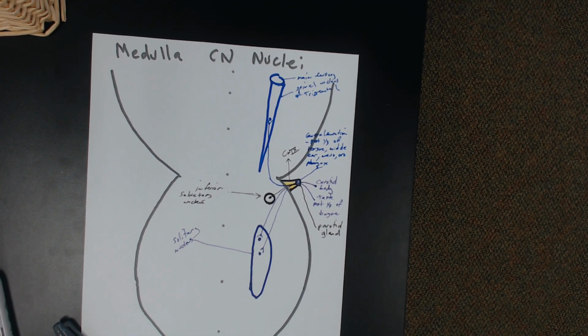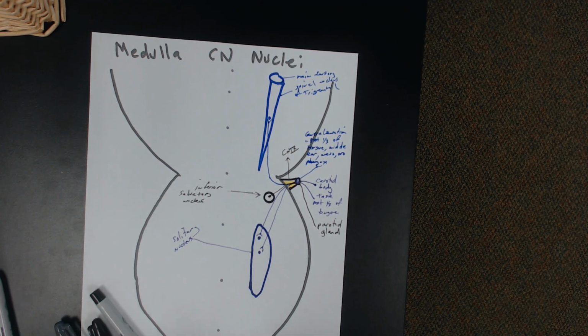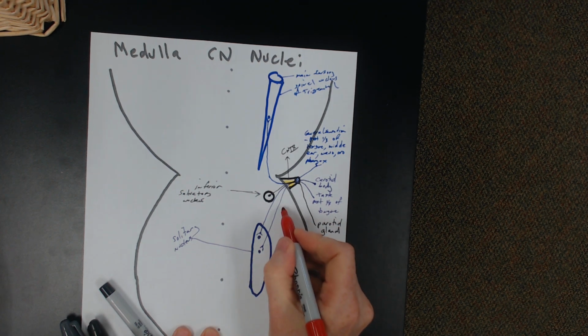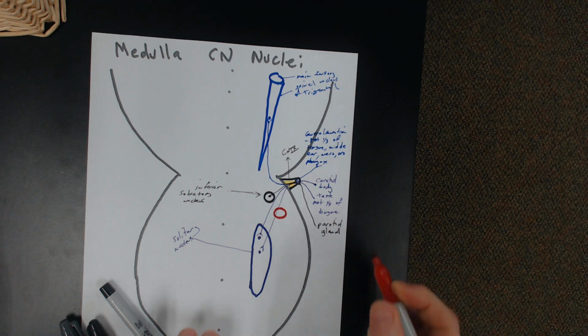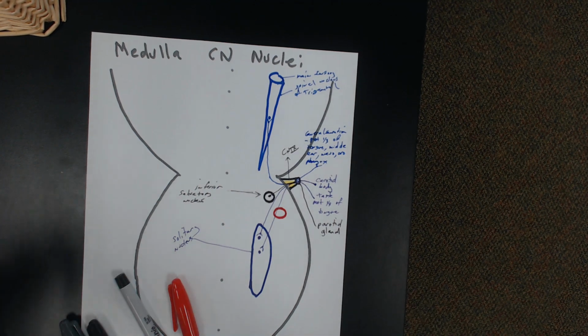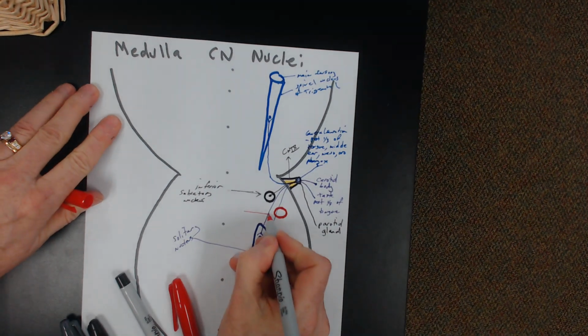One more functional category for cranial nerve number 9 that we have not hit. It's just a little one. Yeah, stylopharyngeal muscle. And which nucleus does it use for that function? This is the nucleus ambiguus. I'll just put it here. That's your nucleus ambiguus.